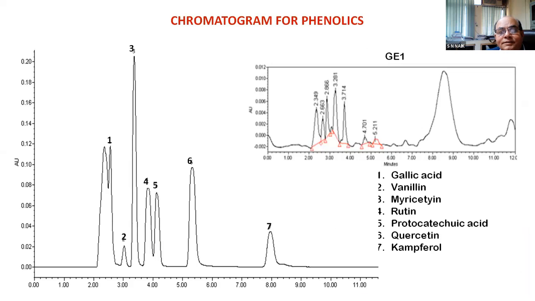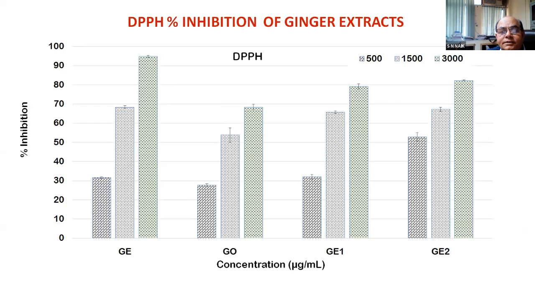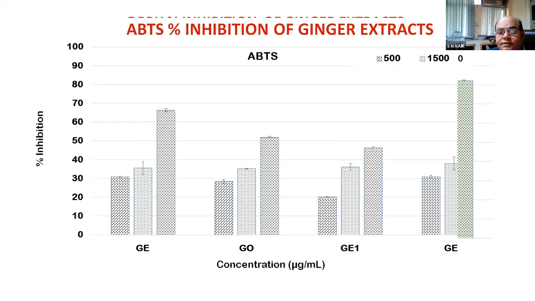And you can see the chromatogram of the product. Similarly, the ginger extracts were tested: ginger extract by solvent extraction, ginger oleoresin, then ginger extract 1, ginger extract 2. Basically, these contain more gingerol, and we have optimized the process conditions.